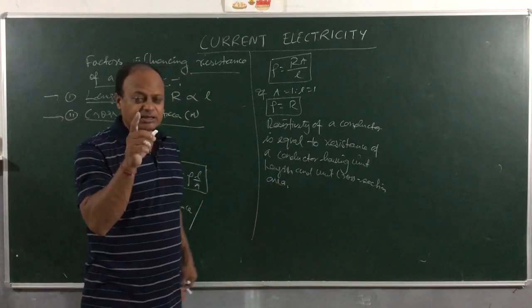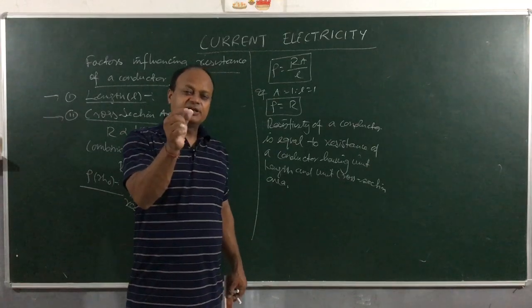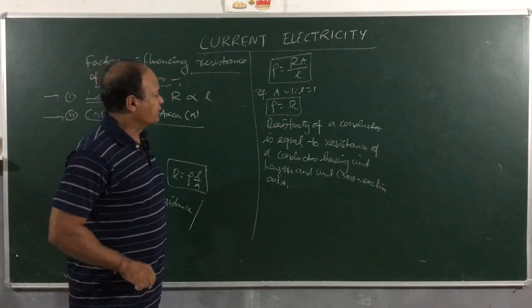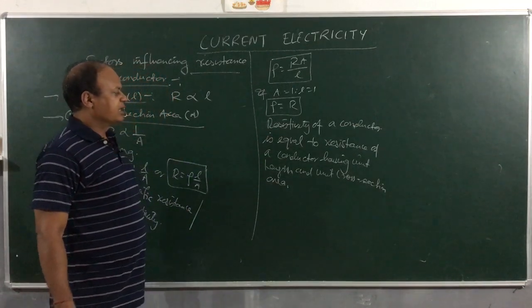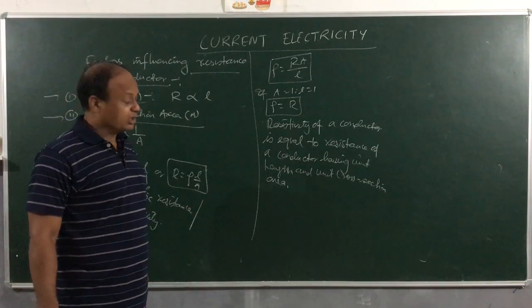So if length is 1, cross section area is 1, so you can also say in brief having unit volume. Okay. So resistivity of a conductor is equal to resistance of a conductor having unit length, unit cross section area.